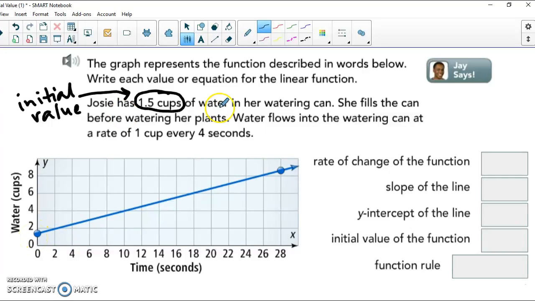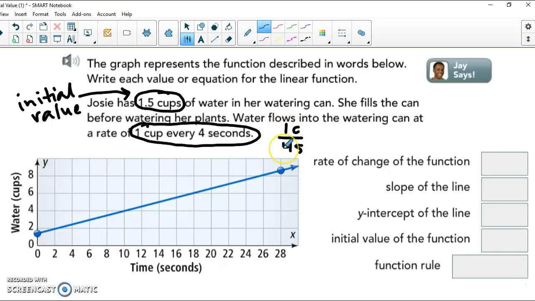So we have 1.5 cups of water in the watering can, but then Josie fills the can before watering her plants. So she's adding to it, and as she does, the water flows into the watering can at a rate of 1 cup every 4 seconds. Here we have a rate, which, remember, is a comparison of two quantities. I could write this as 1 cup per 4 seconds.